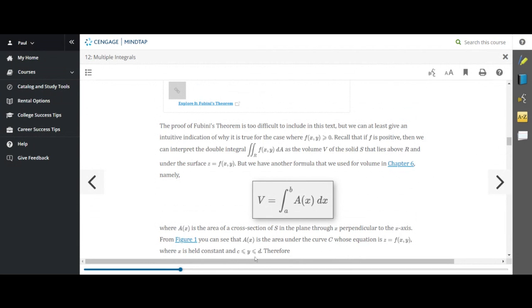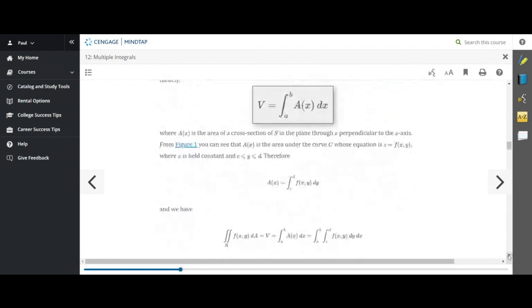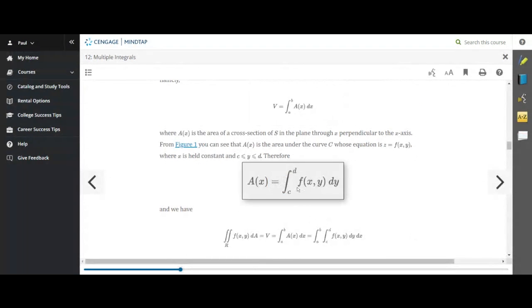But this cross-sectional area A of x, based on the picture, is equal to the area under the curve f of x, y from c to d.